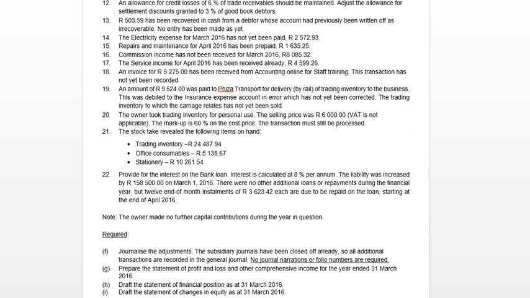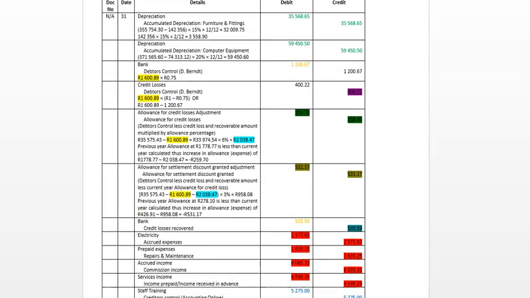Then the owner took trading inventory for personal use. The selling price is 6,000 Rand, and we use a markup of 60% on cost price. Because he's taken inventory, we need to take out the inventory cost. We cannot take it out at the selling price, because the owner didn't buy this inventory. He just took the inventory at the cost price.